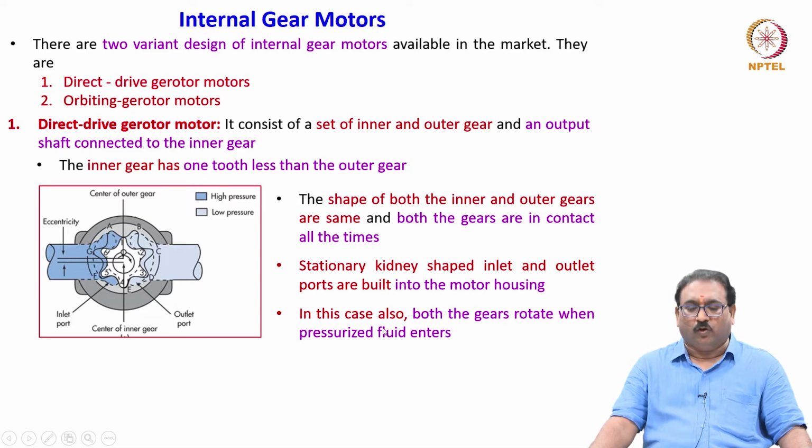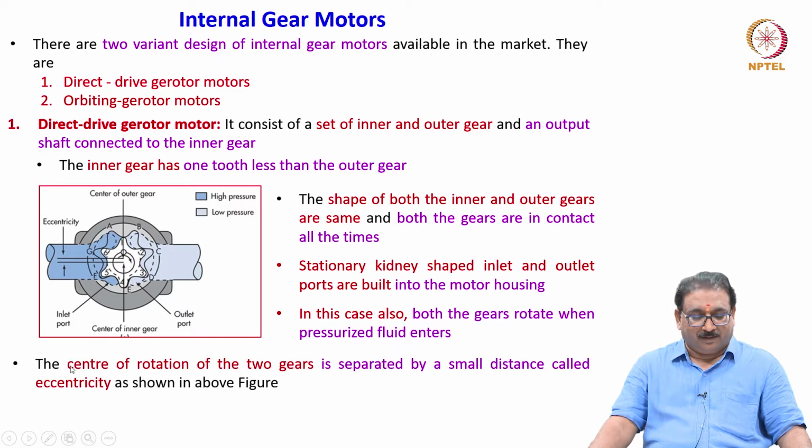In this case also, both the gears rotate when the pressurized fluid enters. Please note here, both the gears are offset. This is the center of rotation of the two gears, separated by a small distance called an eccentricity.